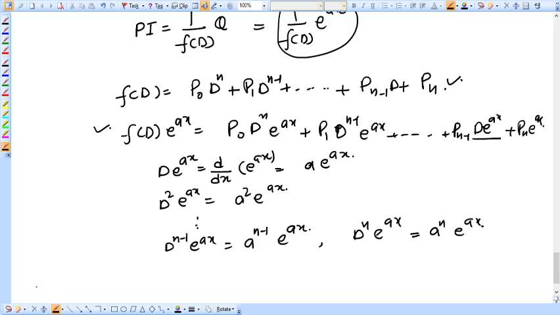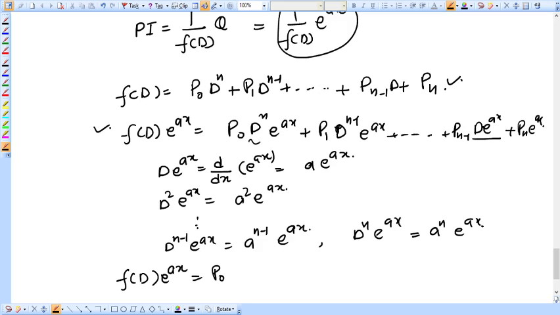So we can write it as, see, f(D) e raised to power ax can be written as p naught.